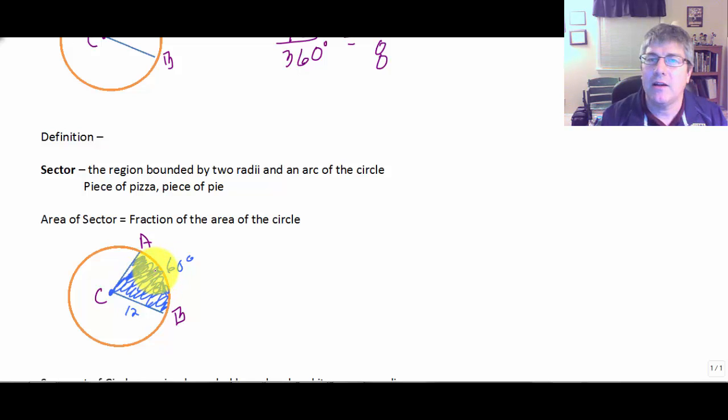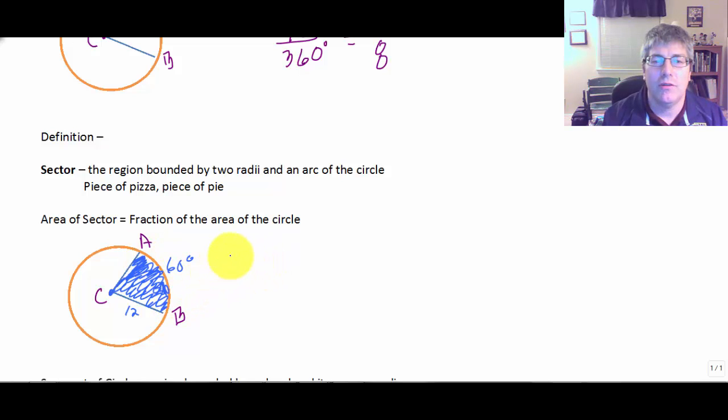And we find the area of the sector by finding the area of the circle and then using that fraction of the circle. So we have to know the measure of our arc.